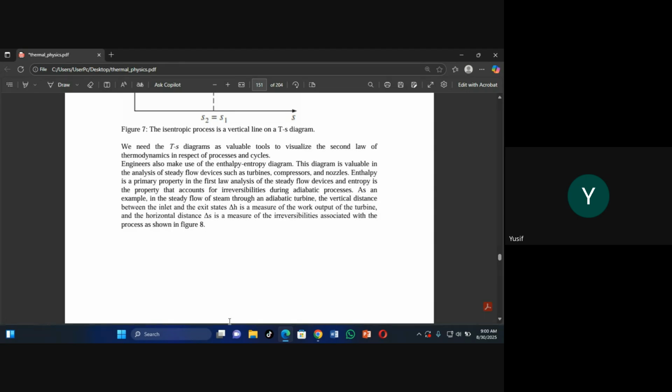As an example, in the steady flow of steam through an adiabatic turbine, the vertical distance between the inlet and the exit states shown in the HS diagram is a measure of the work output in the turbine, and the horizontal distance, ds, is a measure of the irreversibilities associated with the process as shown in figure 8.